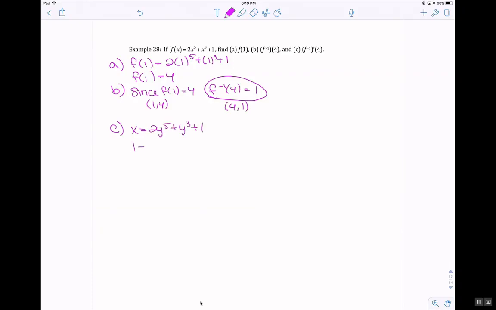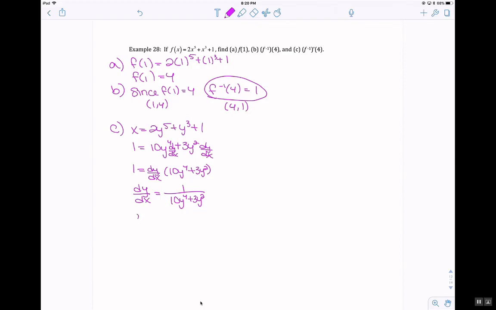Take the derivative implicitly. 1 is equal to 10y to the 4th plus 3y squared plus 0, and this is all times dy/dx. Isolate dy/dx. So dy/dx times (10y to the 4th plus 3y squared). Divide both sides by that parentheses, so dy/dx is 1 divided by 10y to the 4th plus 3y squared.